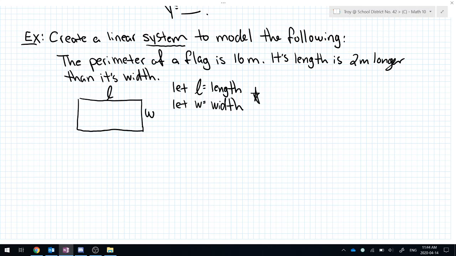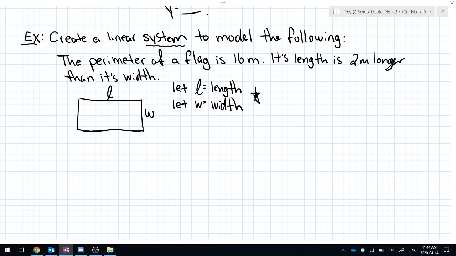So we have to think, what are some variables, what are some values we know that deal with both the perimeter and the length and the width? Well, the length deals with the length, and the width deals with the width.